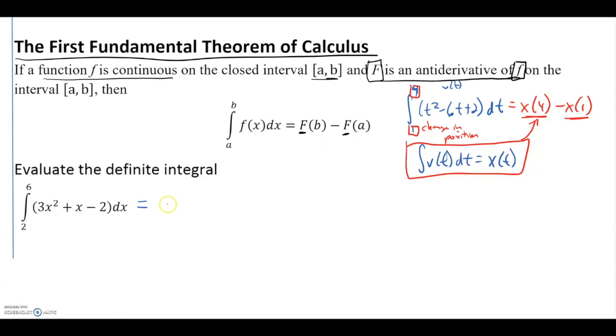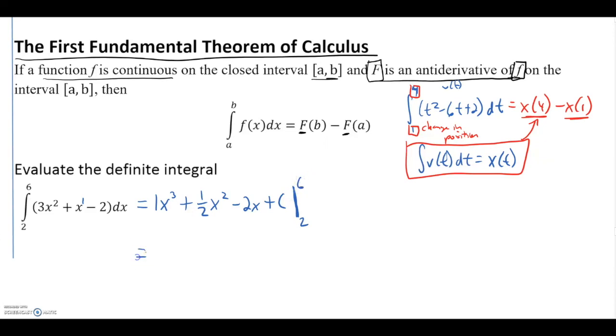The antiderivative of 3x squared will be x cubed, and dividing by 3, that'll give us a nice 1 out in front, plus this x to the first will become an x squared, and dividing by 2 will give us a 1/2, minus 2x, plus c. And one thing we're going to add to help us out, this little bar is just going to signify that we're still working from 2 to 6.